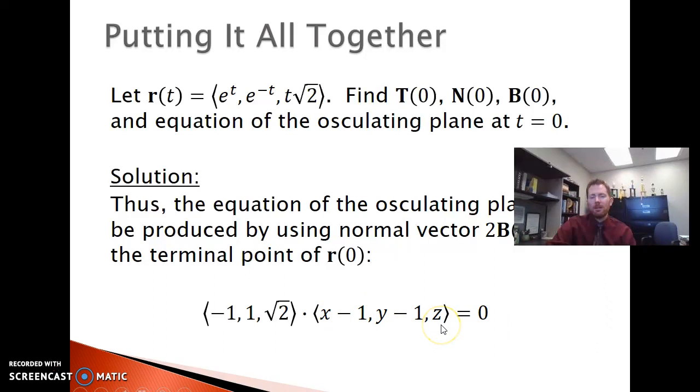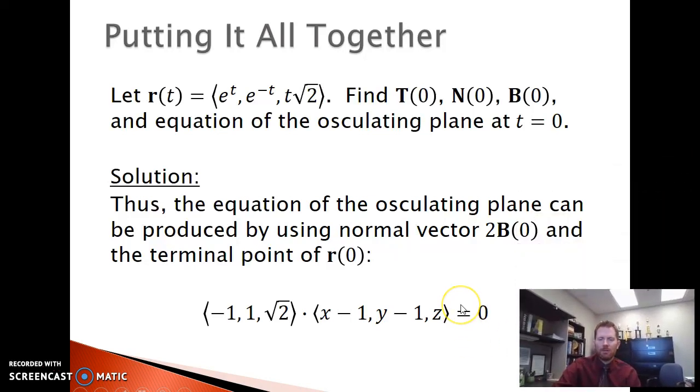This is taking the general point in the plane, (x, y, z), and subtracting away from it our specific point, r of 0, which is (1, 1, 0). So (x minus 1, y minus 1, z minus 0), dotting that with a normal vector, and move that back down there.